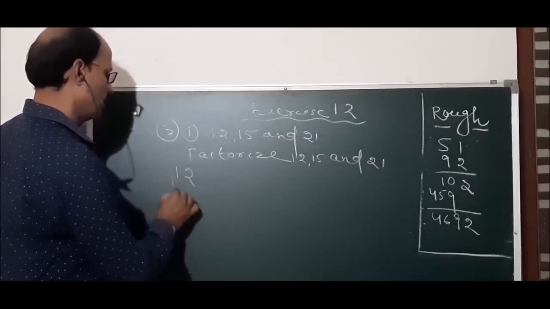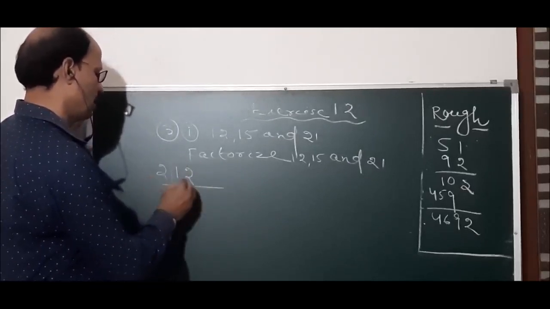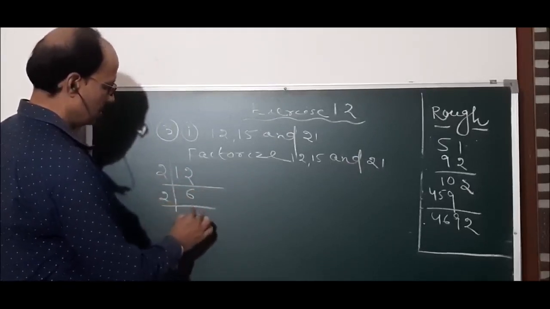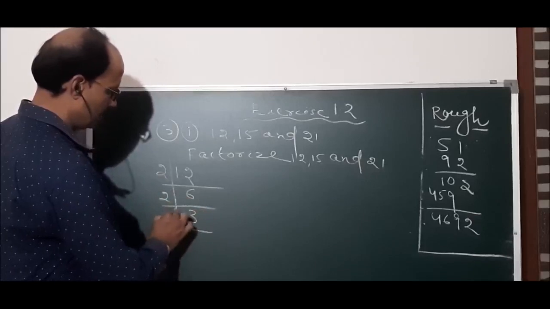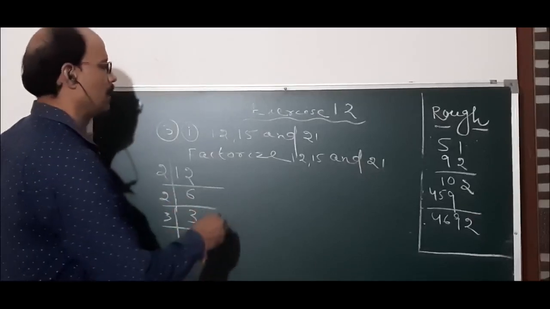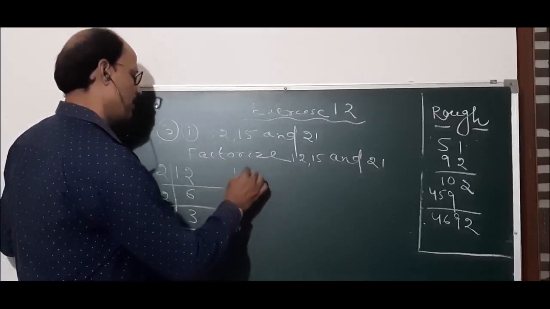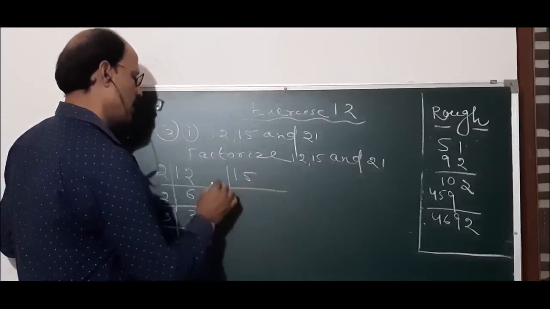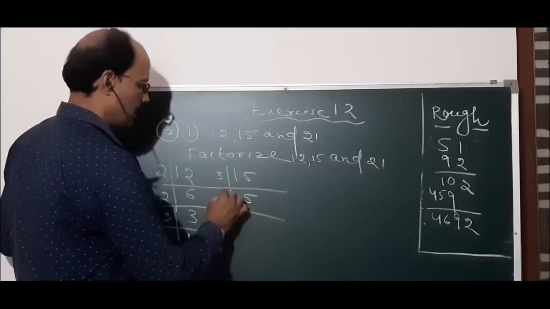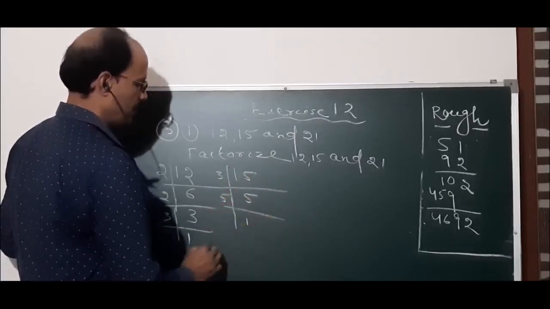So 12, it is 2, 2 6 are 12, then 2 3 are 6, then 3 1 are 3. So 1 comes, now we stop. Now 15, let's factorize. It is 3, 3 5 are 15, then 5 1 are 5.